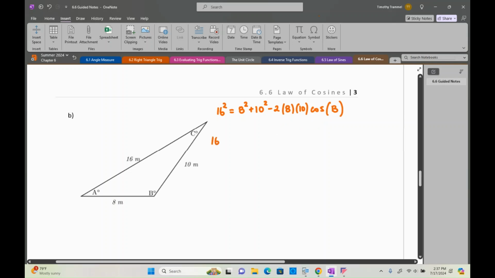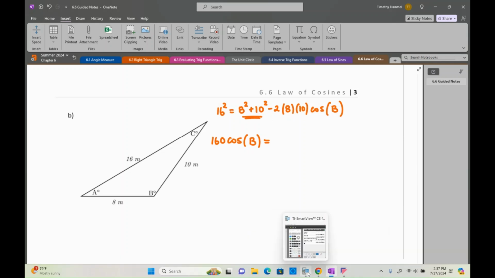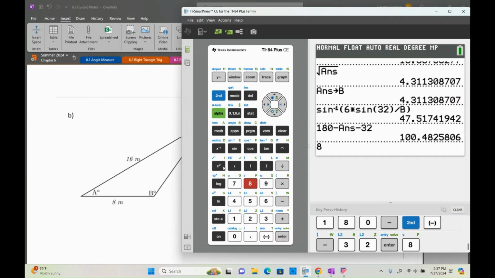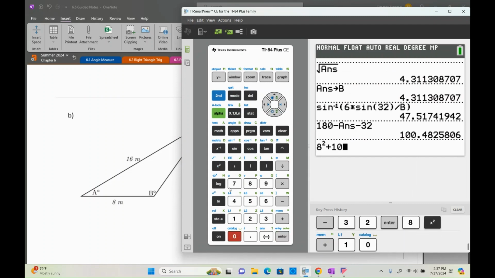So I'll have 160 cosine of B on the left. And on the right, I want to do 8 squared plus 10 squared and then subtract 16 squared.